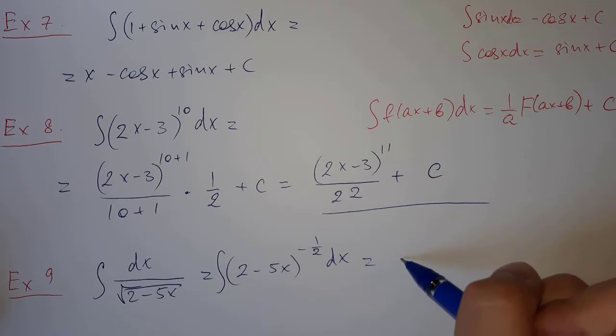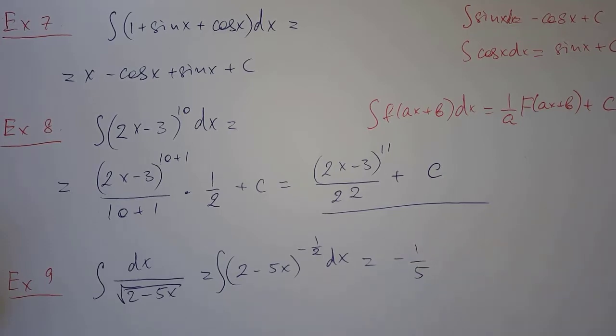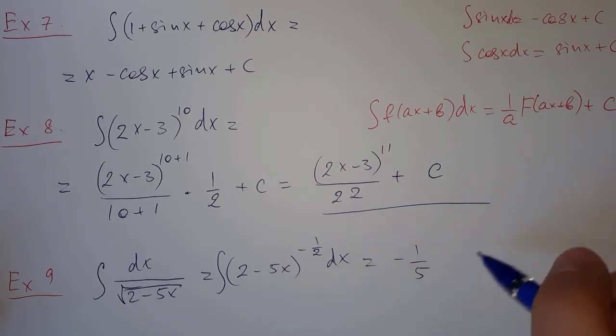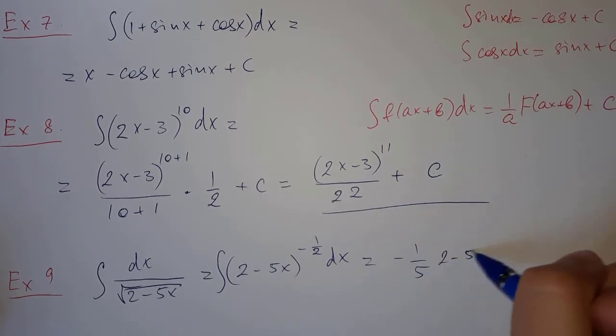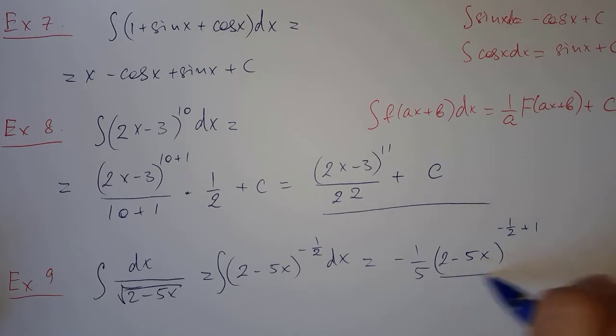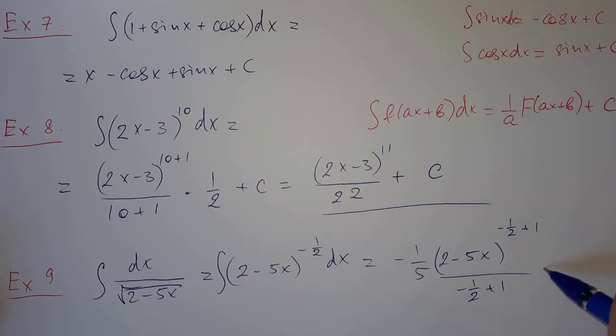So the answer is minus 1 over 5, 1 over a. Look here. And the primitive of this function now will be 2 minus 5x to the power of, this is a power function, minus 1 over 2 plus 1, over minus 1 over 2 plus 1. So it is 1 over 2, here, of course, plus c.